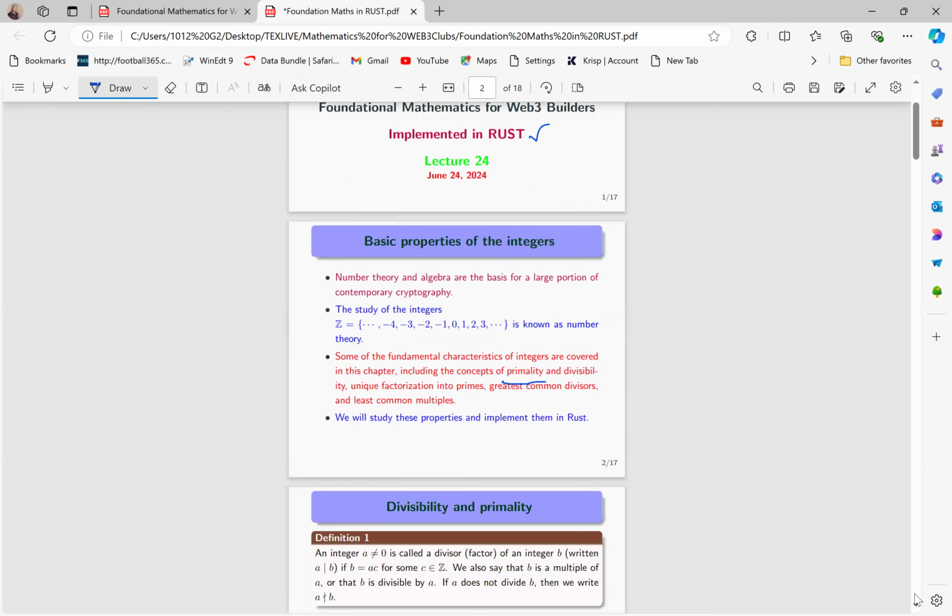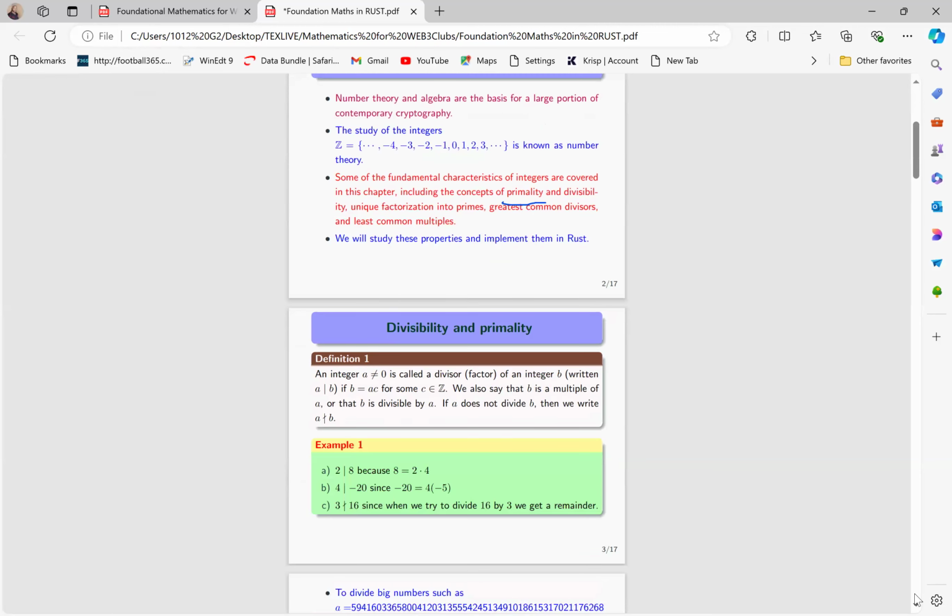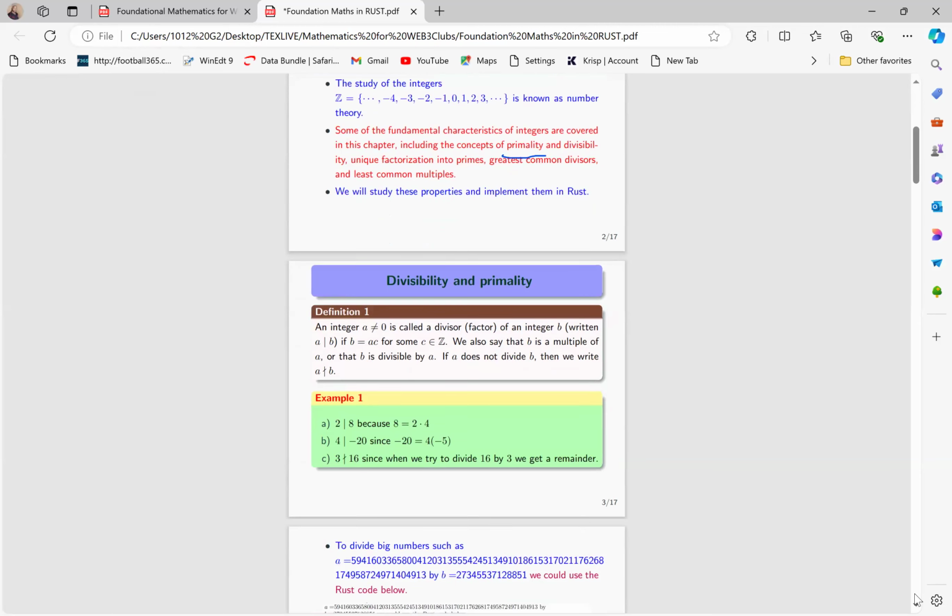Now, just as a brief introduction again of divisibility: what do we mean by a number being divisible by another one, or when we say that A divides B? When we say that A divides B, we mean that A can go into B and there'll be no remainder. For instance, 2 divides 8.